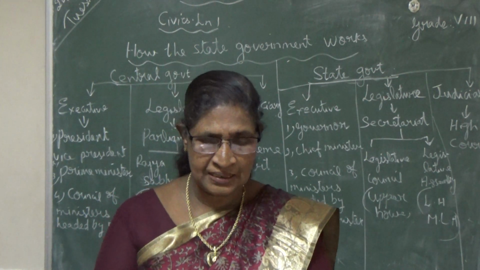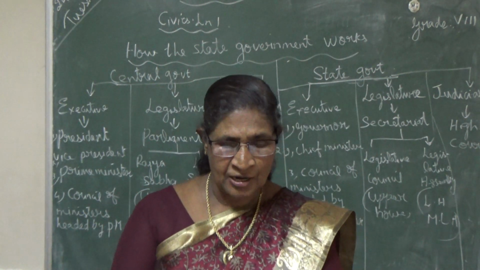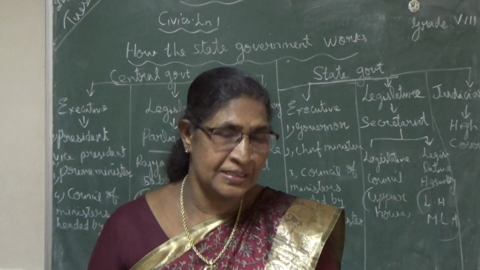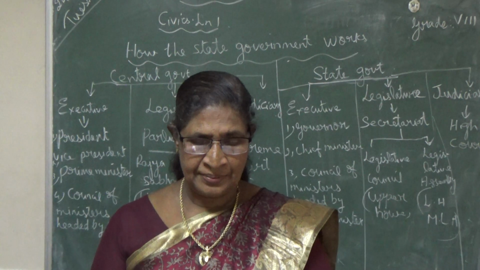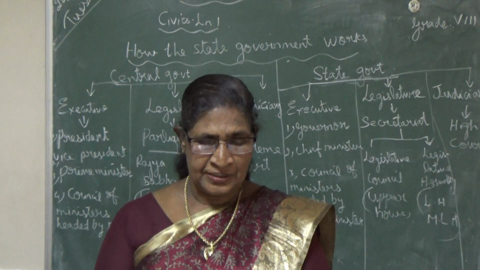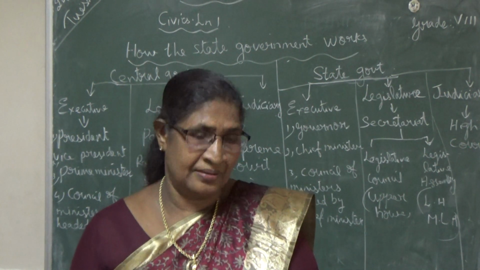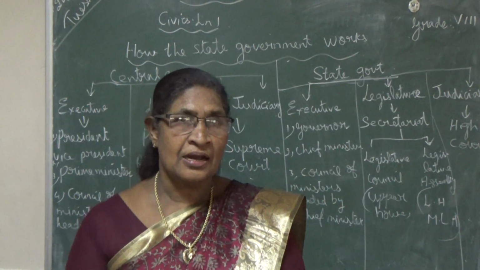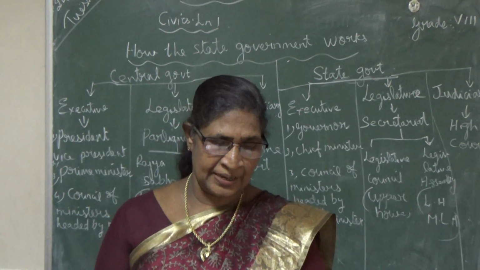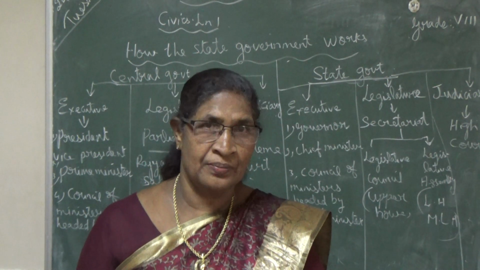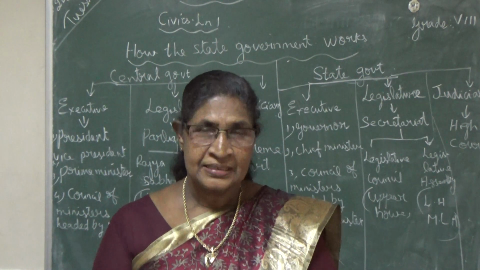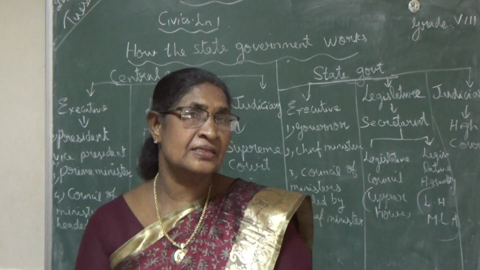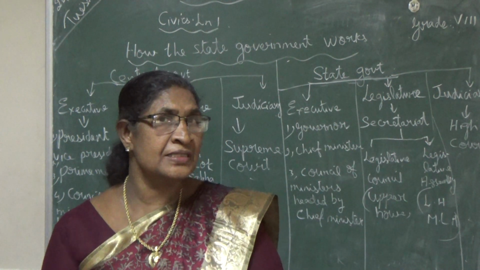First the governor appoints the advocate general of the state. Then he appoints the chief minister of the state. Then he makes some important appointments, the chairman, meaning the person in charge of a committee. The chairman is also appointed by the governor, and the members of the state public service commission.